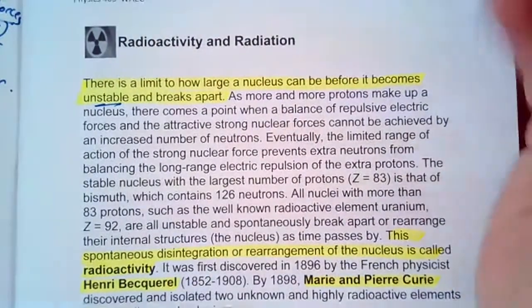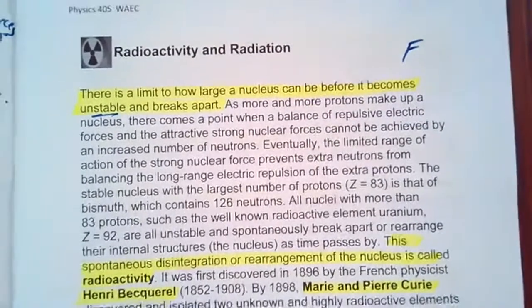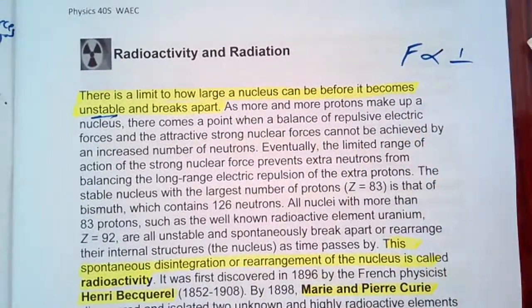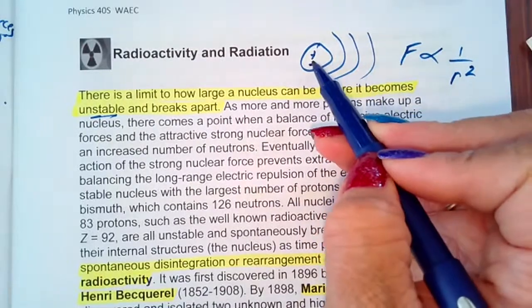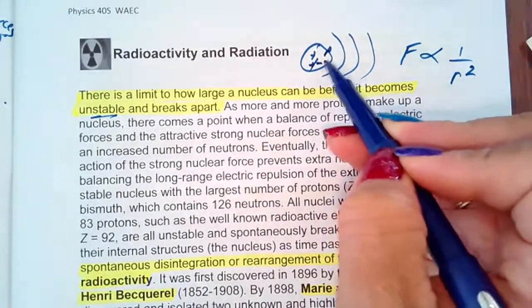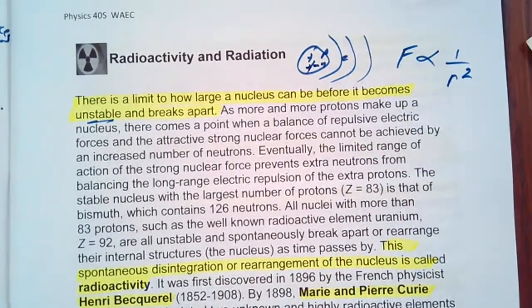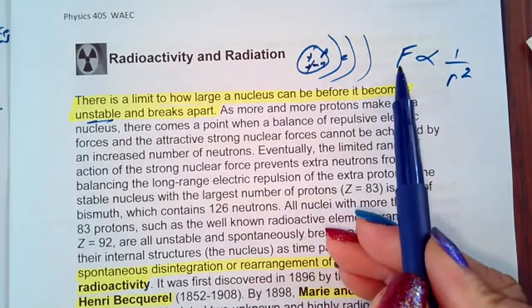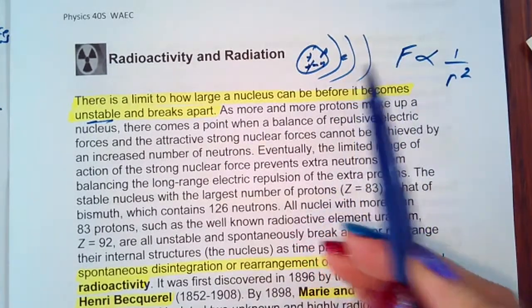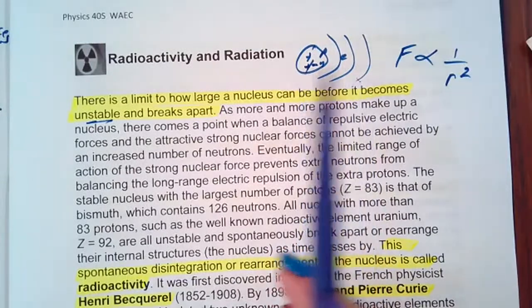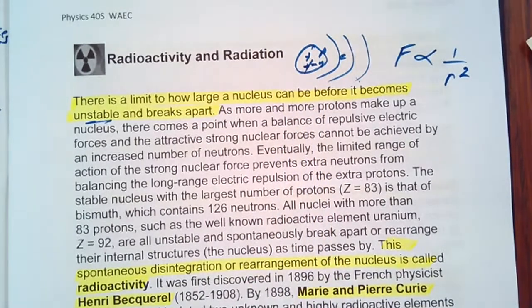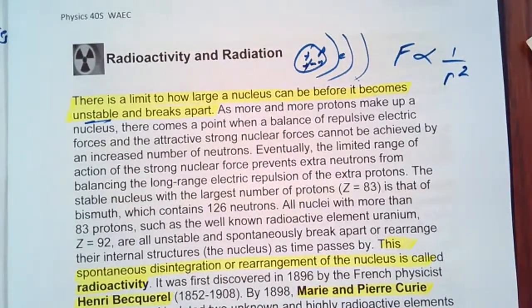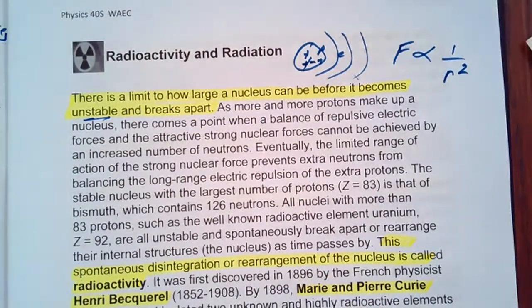And as you recall, force is inversely proportional to the distance squared. So as the number of shells increases, with the protons and neutrons in the nucleus and more orbitals because of the increase in electrons, there will be weaker attraction between the electrons and the nucleus itself, and that will make the atom unstable.